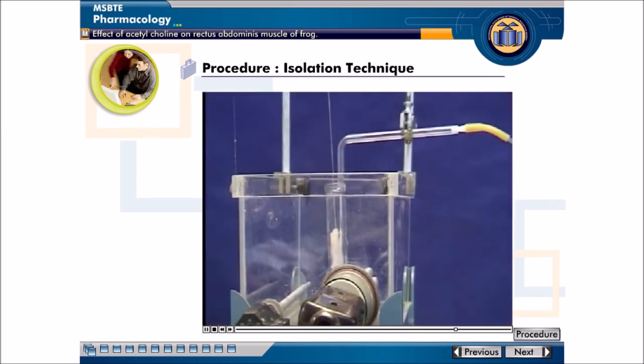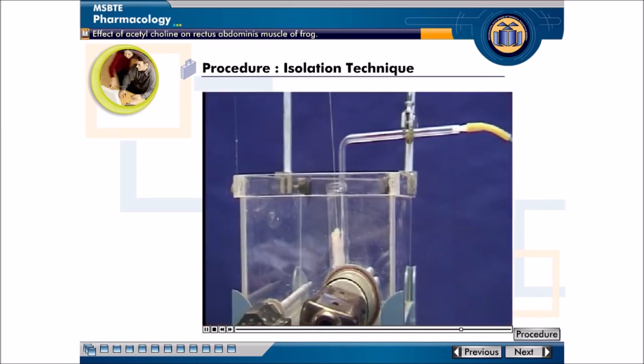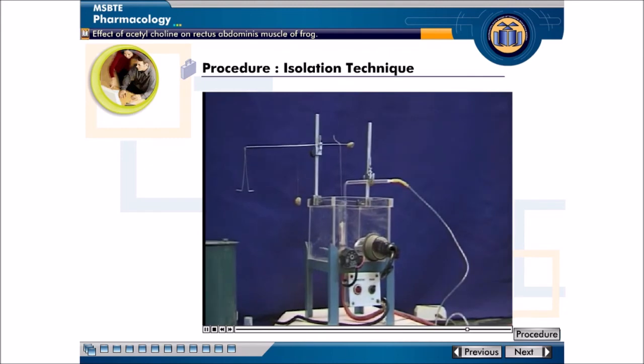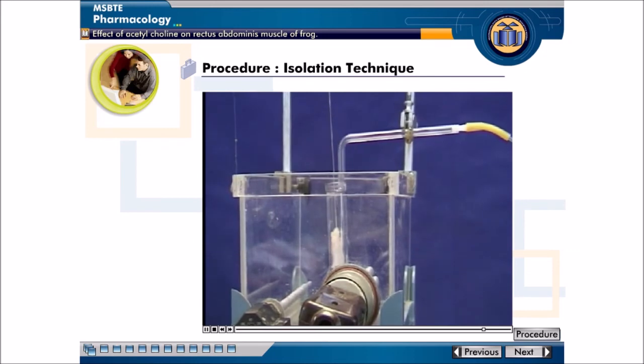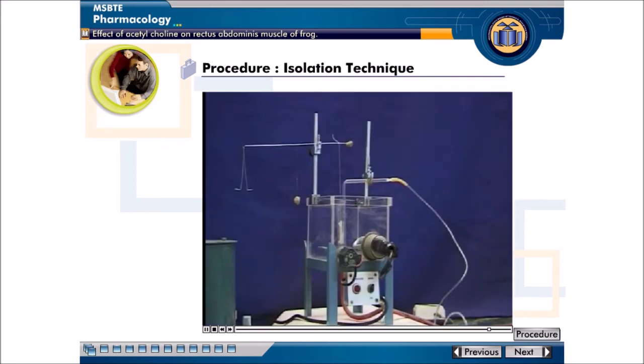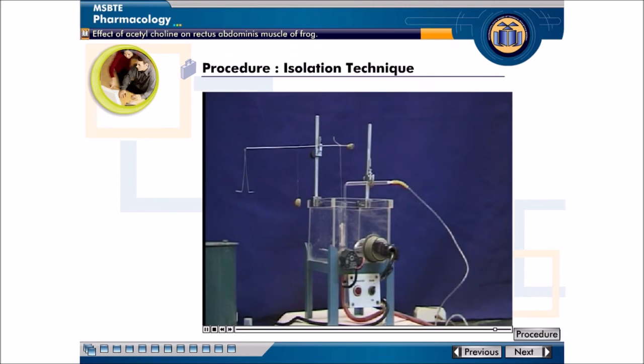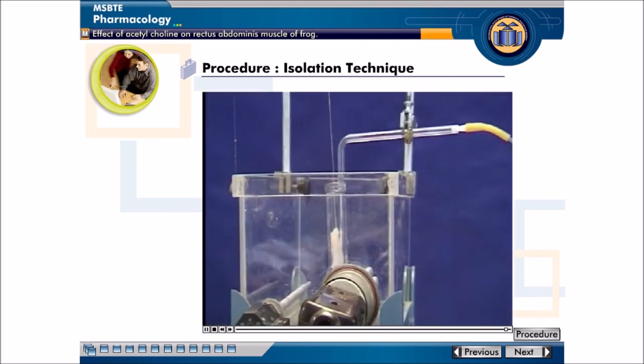Now relax the tissue or muscle for about 45 minutes, during which wash this preparation with fresh quantity of ringer for at least 3 times. Now this preparation is ready for experimentation.